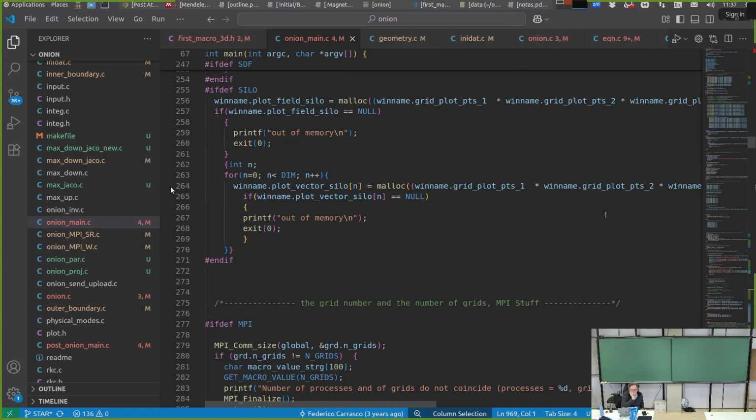The output is handled here especially. I mean, the fields are written into Silo files. This is a particular library to handle this kind of structured data. Essentially, it will provide the grid points and the different field values.